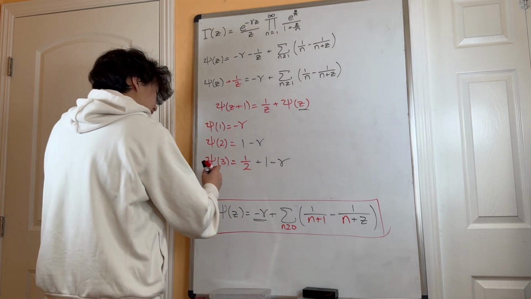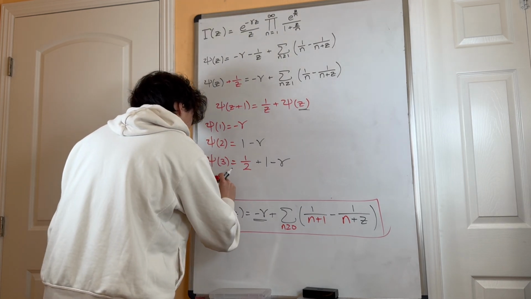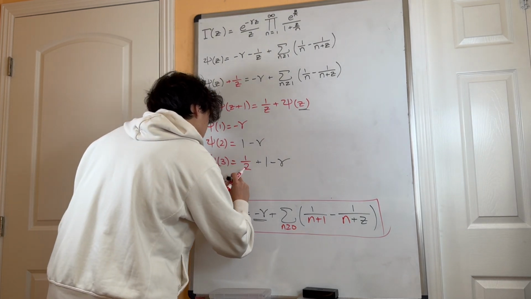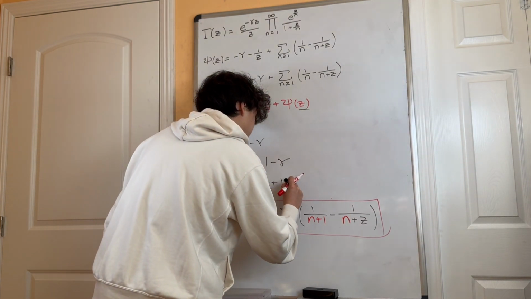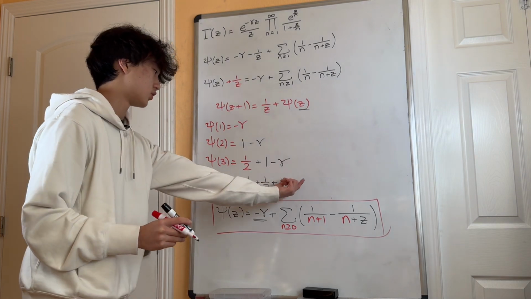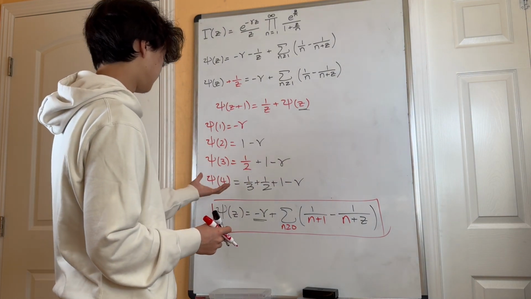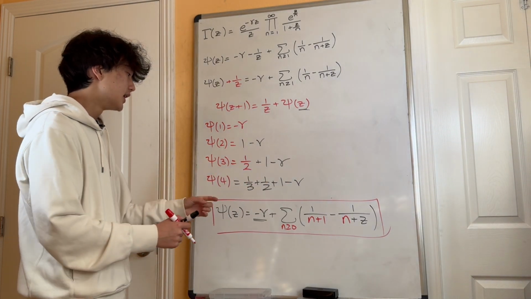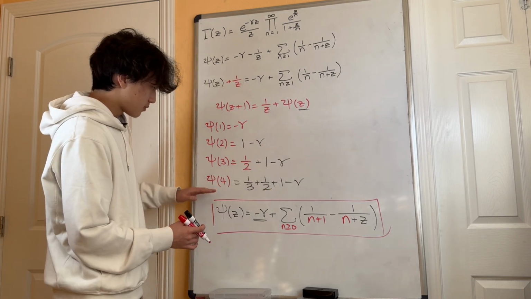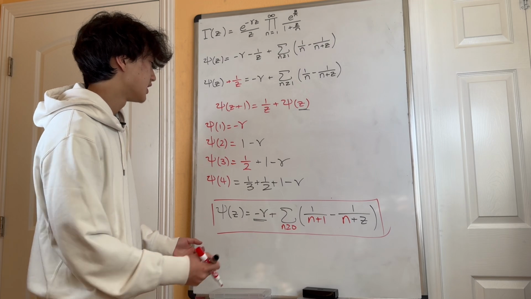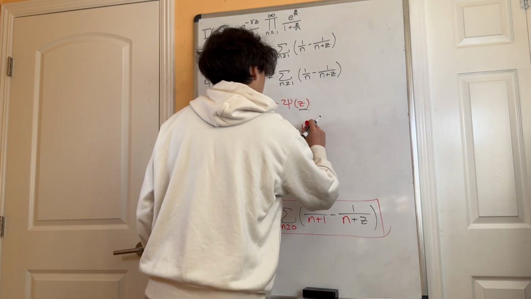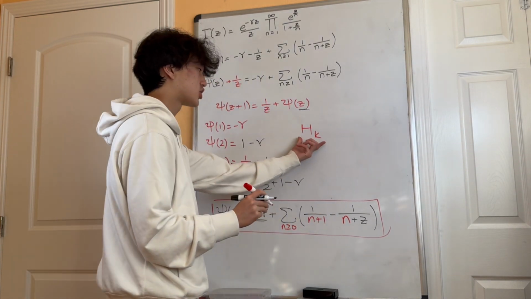And if you keep going, you would find that digamma of 4 is just 1/3 plus 1/2 plus 1 minus the Euler-Mascheroni constant. And you can see a pattern emerging. For each term you increase, you get one more term of the harmonic series. So the harmonic series, if you remember, is defined as this. Say we have h sub k.